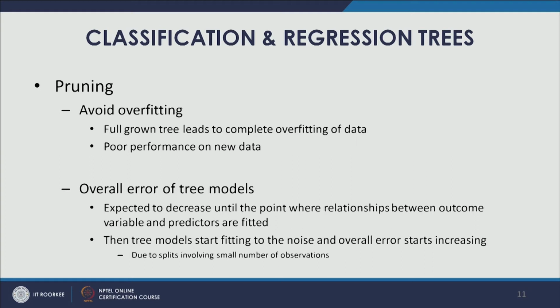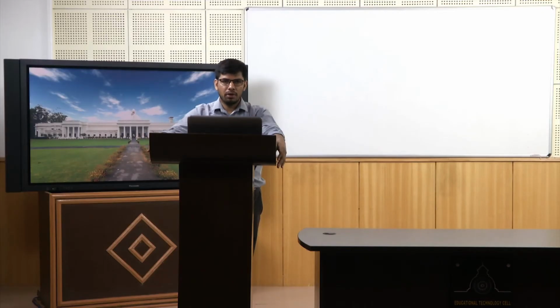Now, if we look at the way tree models, or in general other models that we have been talking about, work, the focus is typically on overall error. We always look to minimize the overall error of classification models and also of tree models. So what happens when we try to minimize overall error?